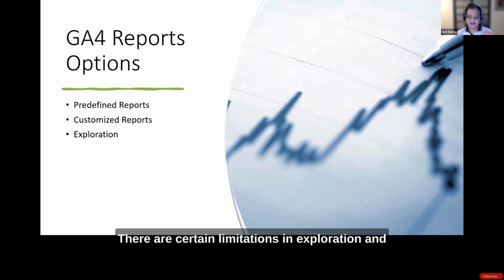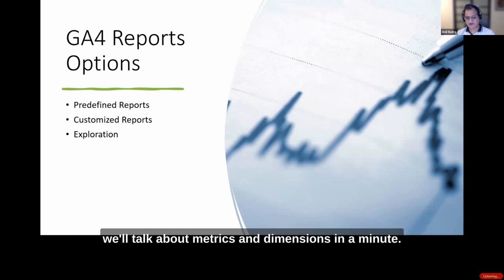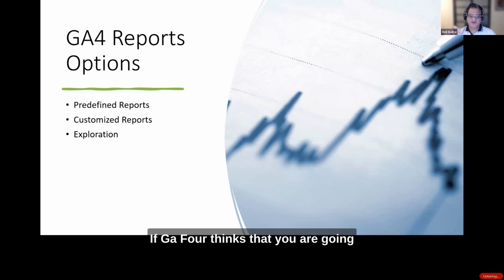There are certain limitations in exploration, and that's also limitations in predefined reports. If you are putting in some combination of metrics and dimensions, we'll talk about metrics and dimensions in a minute, and GA4 thinks that you are going to be able to identify a person uniquely, then it will not show you that data.